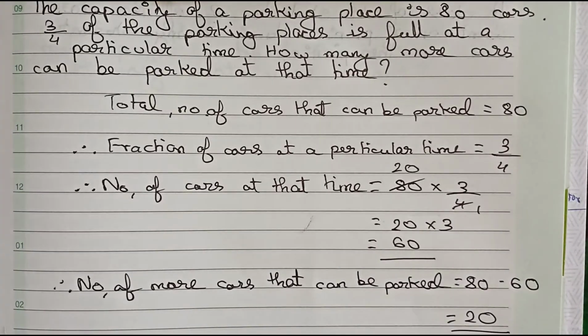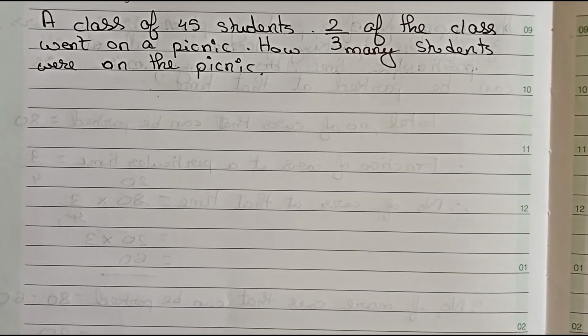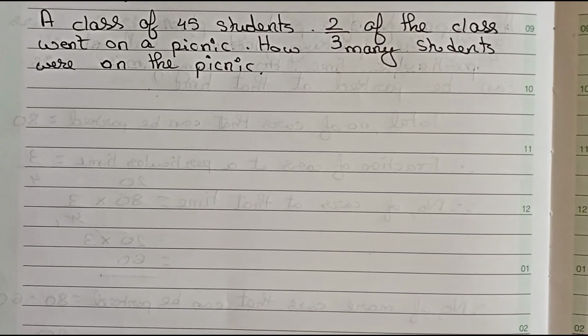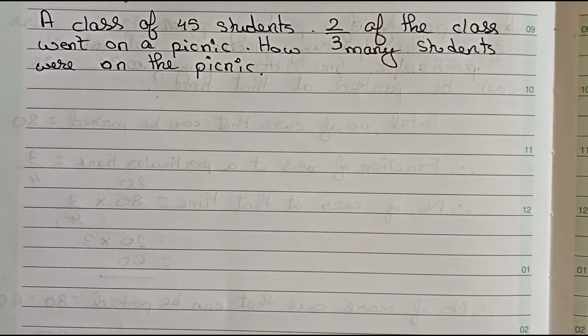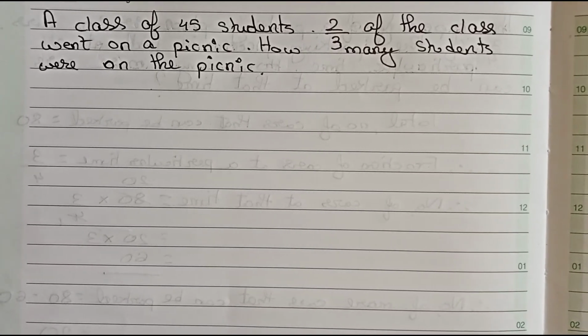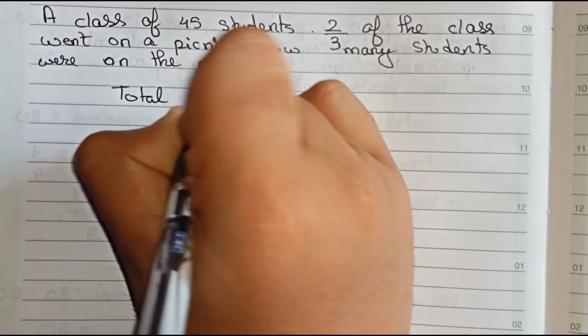So let's move on to our next question. So now our next question is, a class of 45 students, 2 by 3 of the class went on a picnic. How many students were on the picnic? So this is our question. I solve this. So now first we write the total number of students.